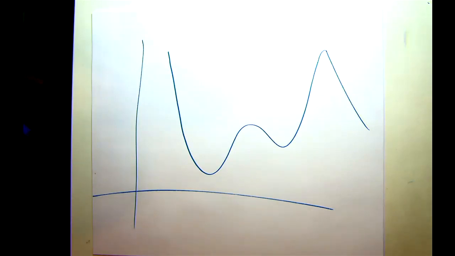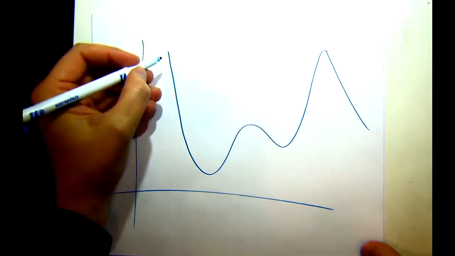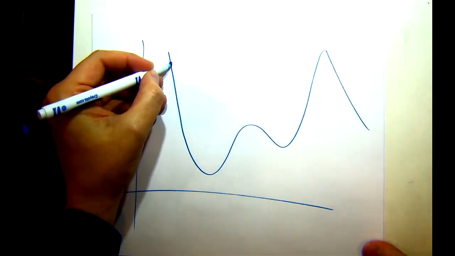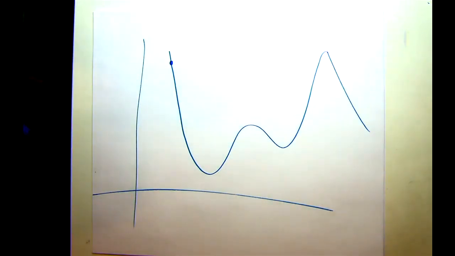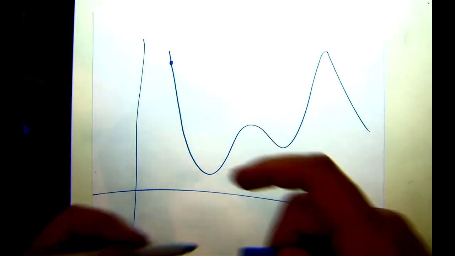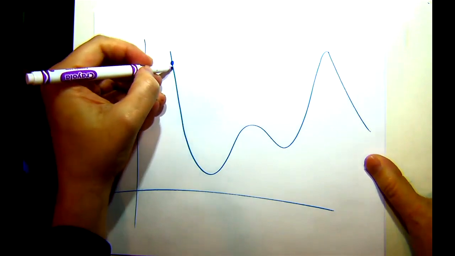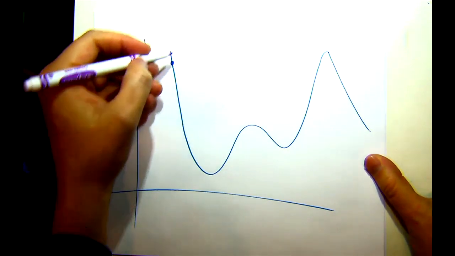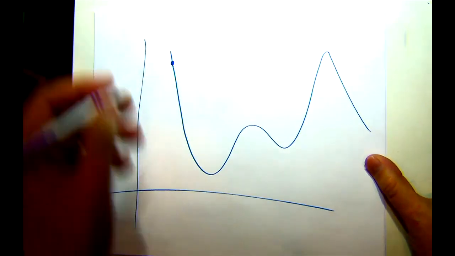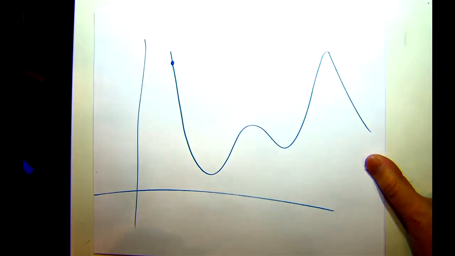And the way that we're going to try to improve them is, let's say we start here with some initial estimate. We just guess some place to start often. The way that gradient descent is going to work is, let me draw this in a little different color. You're going to just look at the direction of the gradient and take steps in that direction.